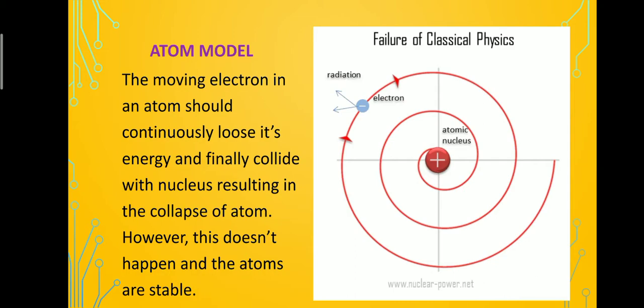What is it? According to the electromagnetic radiation theory, when a charged particle moves continuously, it will lose its energy. Look at this picture here. This was the model given by Rutherford. If the electron continues to move around the nucleus, being a negative charge, according to the electromagnetic radiation theory it will lose its energy, and finally it will drop into the nucleus and the atom will collapse.